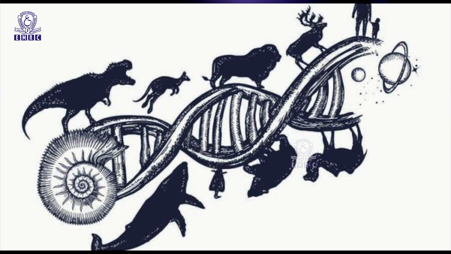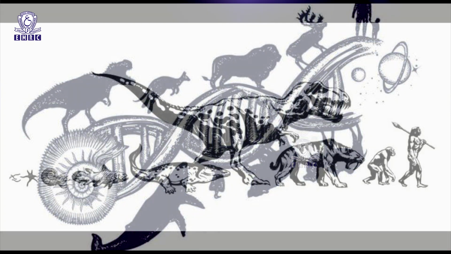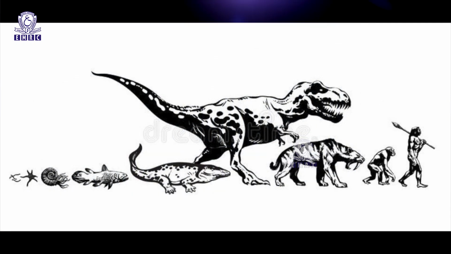The last phase in the evolution of the earth relates to the origin and the evolution of life. It can be assumed that life began to evolve sometime 3,800 million years ago.